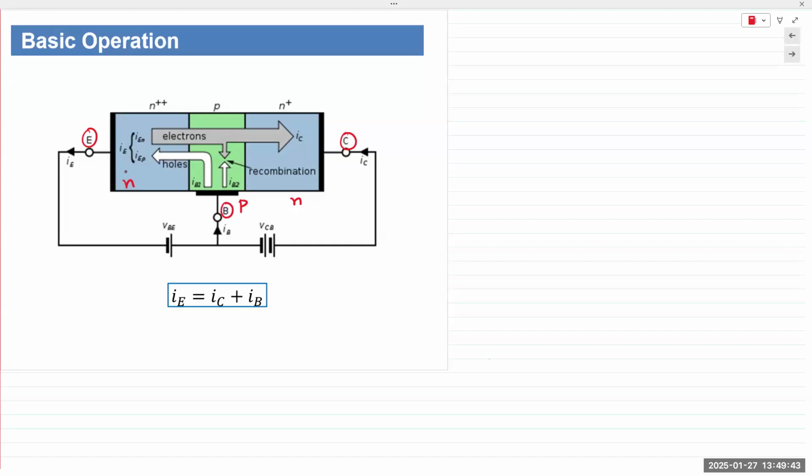Even though the collector-base junction is reverse biased, because the base is designed to be very thin and very lightly doped, the electrons that have arrived from the emitter cross over two junctions and go into the collector, and a heavy collector current results. Electrons go this way, and current IC flows into the terminal.